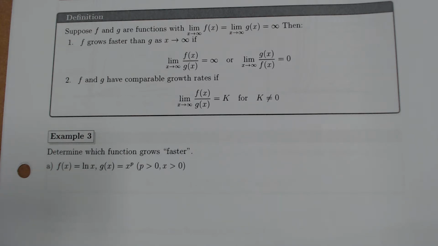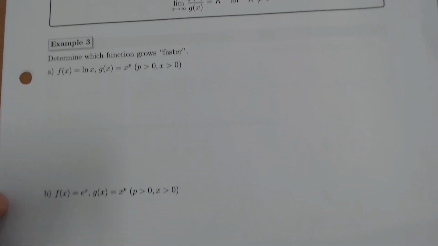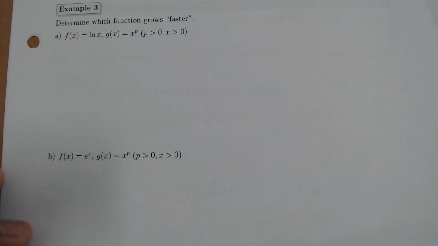So let's have a look at some examples and see how these functions behave. On the one hand, f of x equals ln of x, and g of x equals x to the p power. Notice in this case we don't have numbers; the letter p denotes some integer power. Mostly integer powers, otherwise with rational powers we're going to get in trouble.